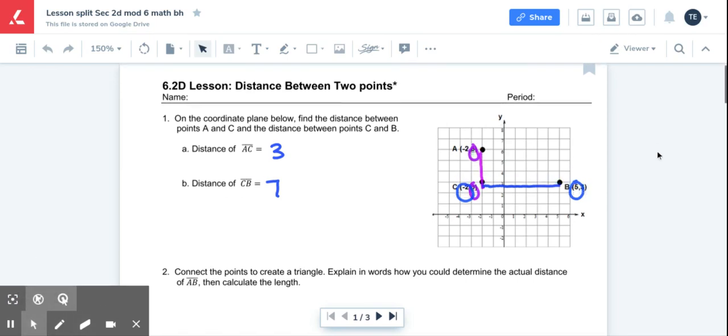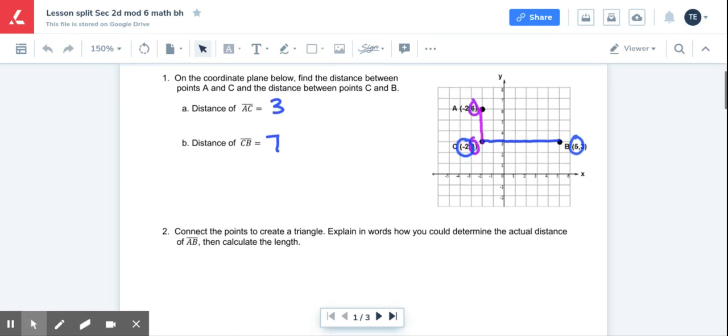Number 2, create a triangle and explain with words how you can determine the actual distance. Well, what did we just learn about a triangle? We learned that the short leg squared plus the medium leg squared is equal to the hypotenuse squared. So here, I would be able to use Pythagorean theorem.